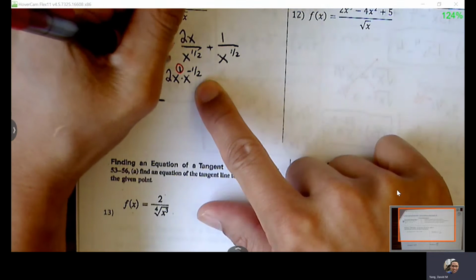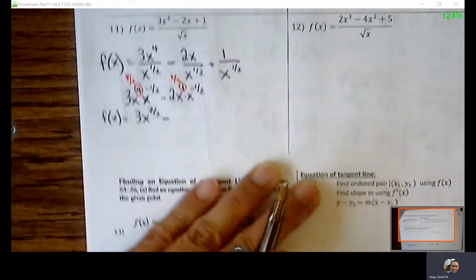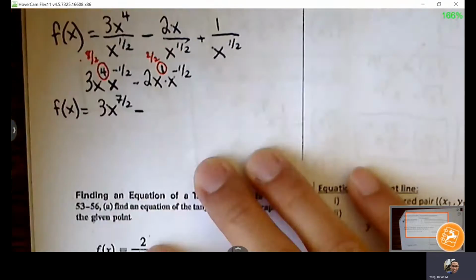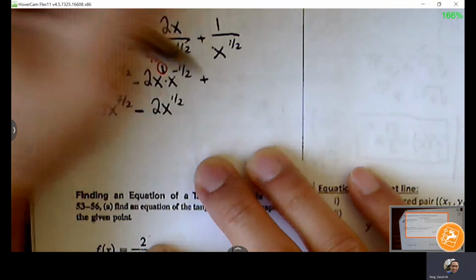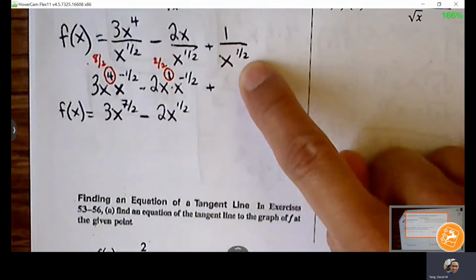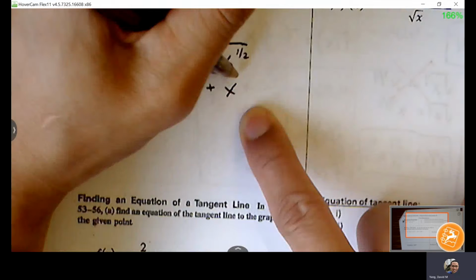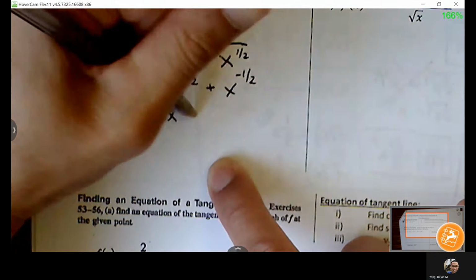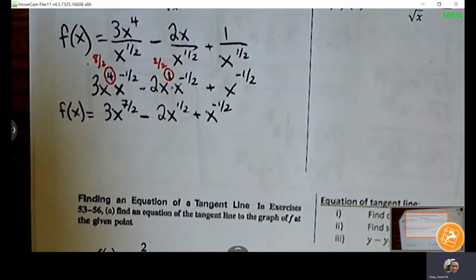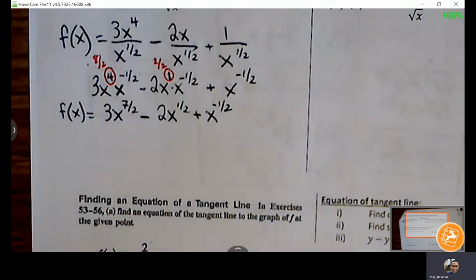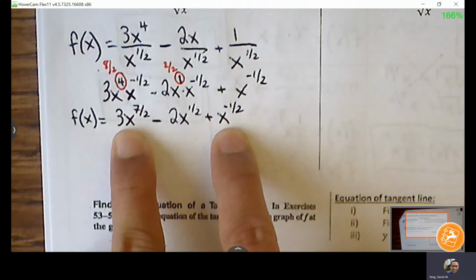If I want to make it easier to combine those fractions, 2 over 2 minus 1 over 2 is 1/2. And then this last term is going to be x to the negative 1/2. All right, so all that work is just to clean up. We haven't done any calculus yet. Now everything is set up and ready for us to apply power rule.